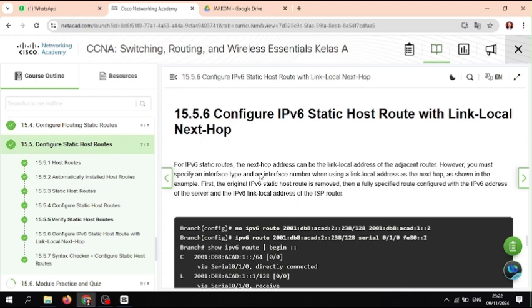Next, untuk mengonfigurasikan rute host statis IPv6 dengan link lokal next hop. Alamat hop berikutnya dapat berupa alamat link lokal dari router yang berdekatan. Namun, kita harus menentukan jenis interface dan nomor interface saat menggunakan alamat link lokal sebagai hop berikutnya.